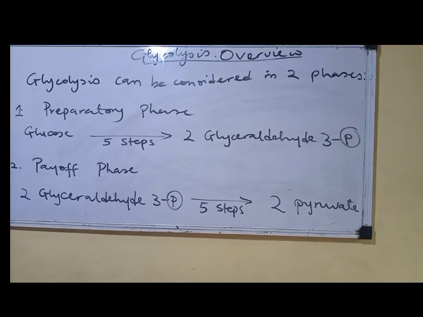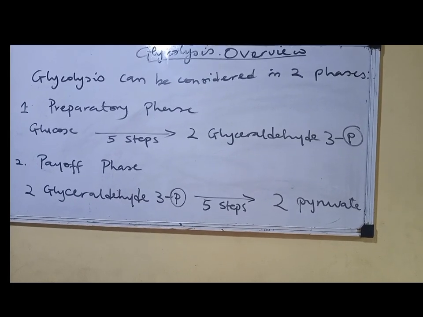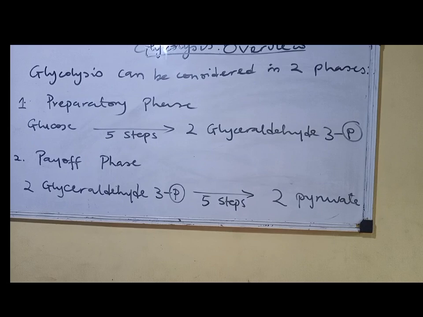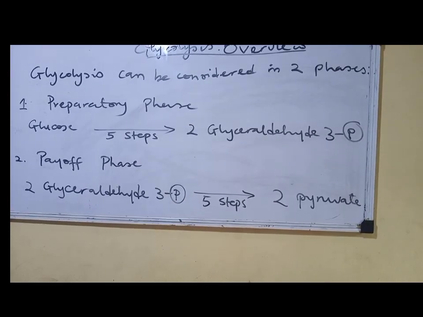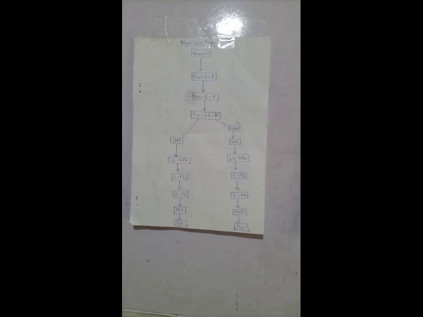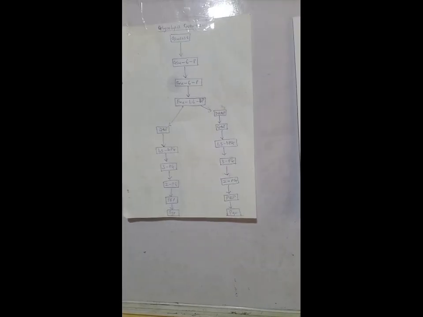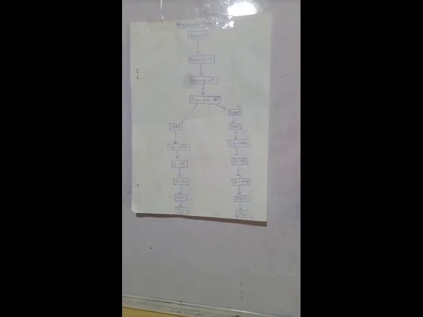So those 10 steps are broken down into smaller pieces in two phases known as the preparatory phase and the payoff phase. We have established that there are two phases in which glycolysis is considered, which are the preparatory phase and the payoff phase.